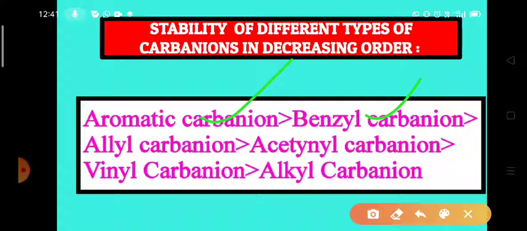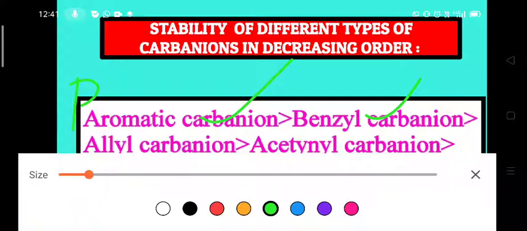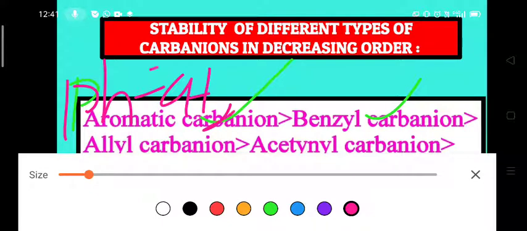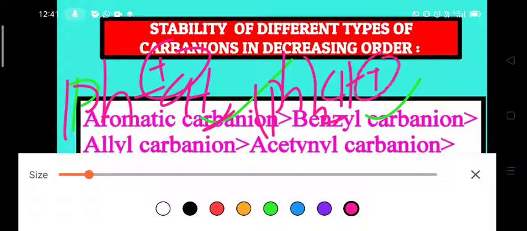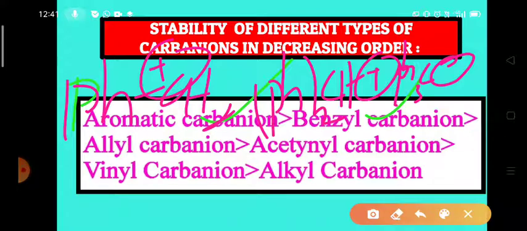Under benzyl carbon ions, we have the simple benzyl carbon ions, that means phenyl methyl carbon ions, and diphenyl methyl carbon ions. And we also have the triphenyl methyl carbon ions. So like that, under benzyl carbon ions, we have the 3 types.